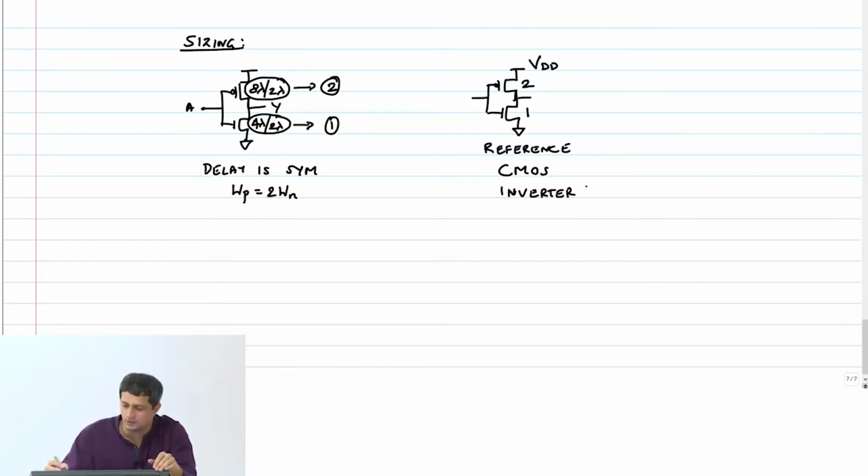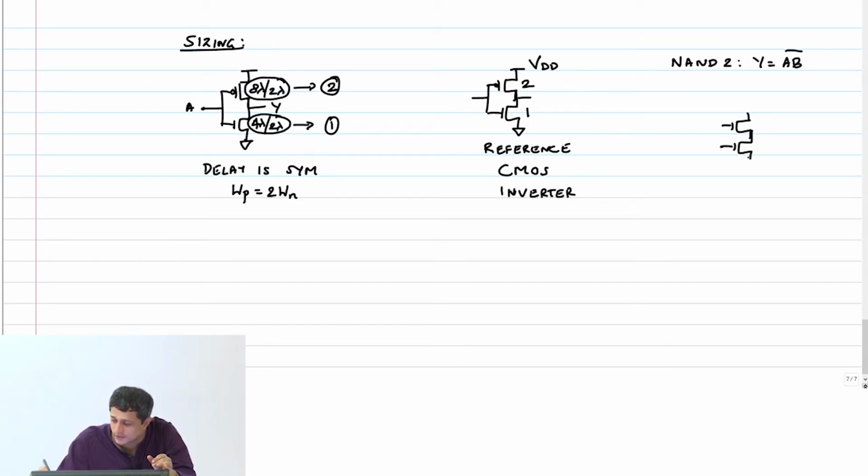Okay. So let's say now I have a NAND 2 gate. Y equal to (AB) bar. Okay. So what I'm going to do is I'm going to put 2 NMOS transistors in series.